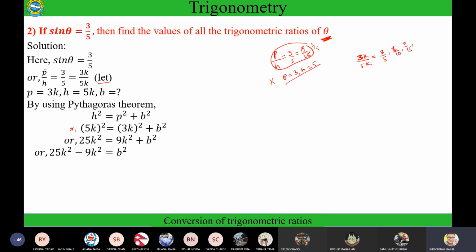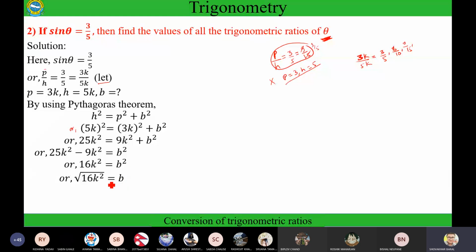By further simplification, it will be 16k square equals B square. After this, it will be the square root of 16k square, because I have to find the value of just B, not B square.